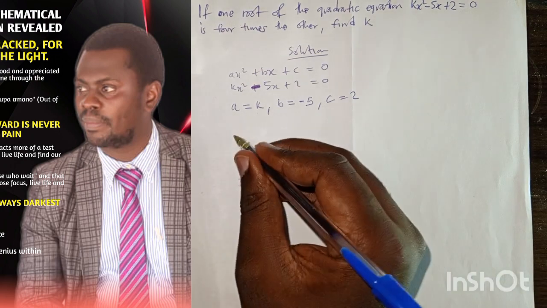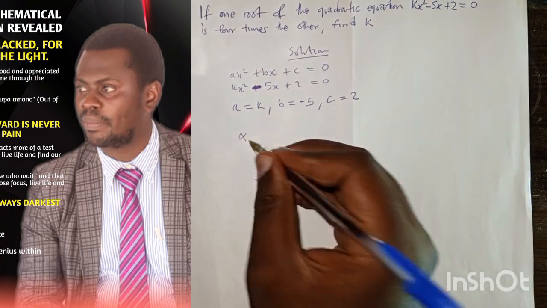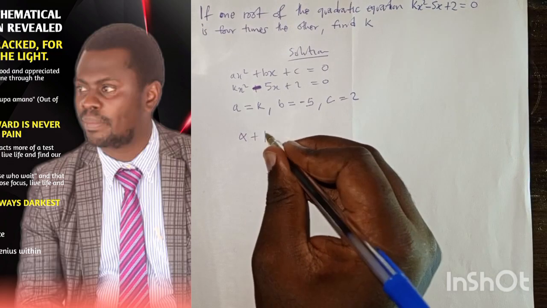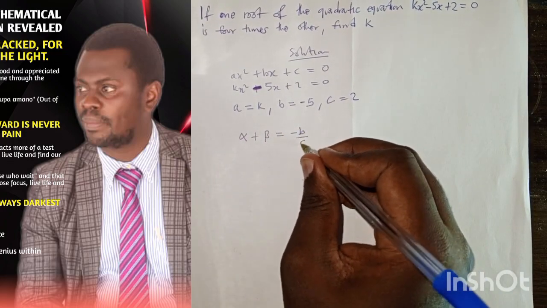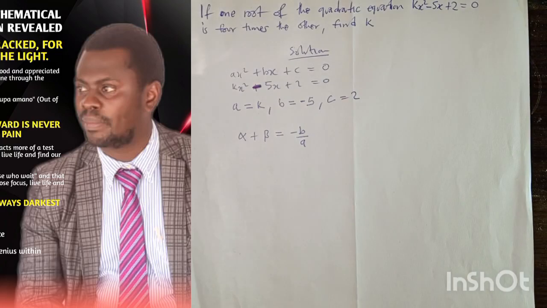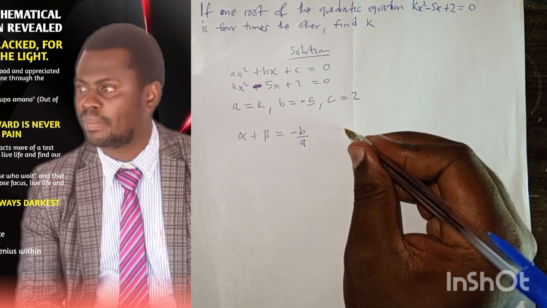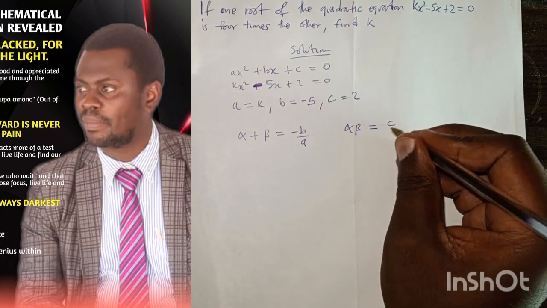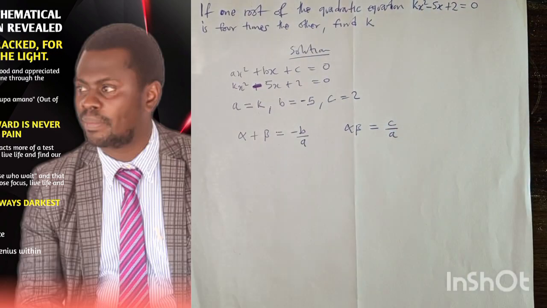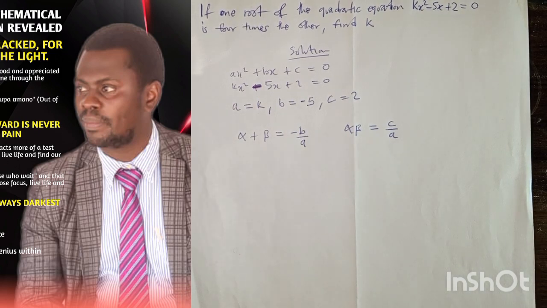So the sum of roots is alpha plus beta is equal to minus b over a, and the product of roots, alpha beta, is equal to c over a. These are the formulas we are going to use to solve for k, which is just the value of a.